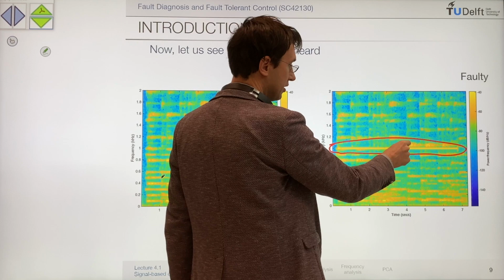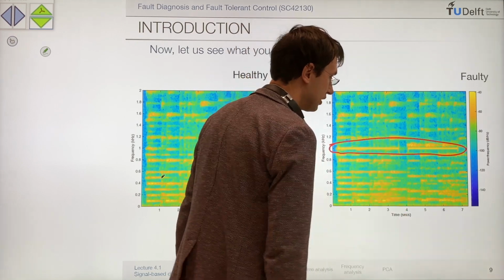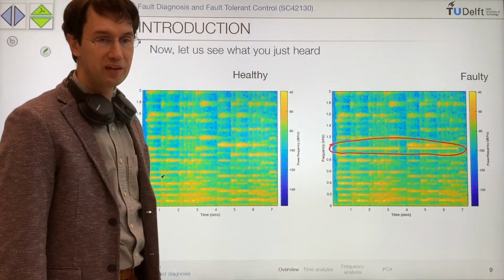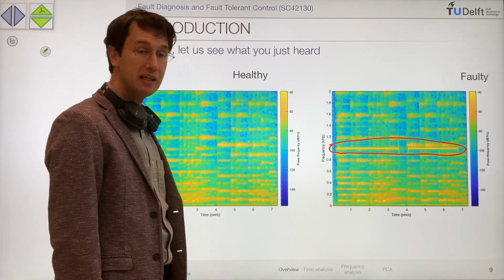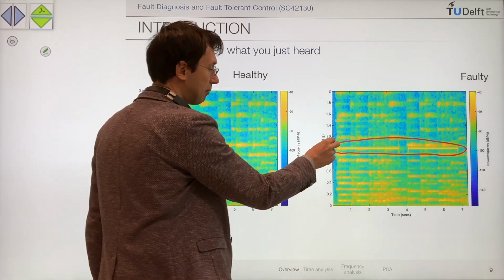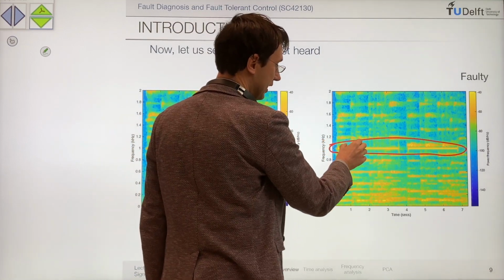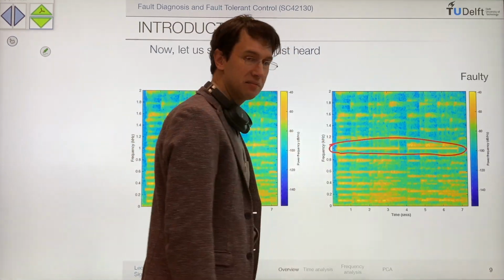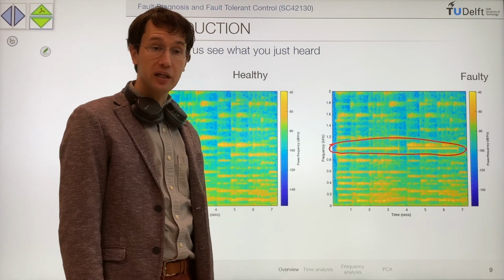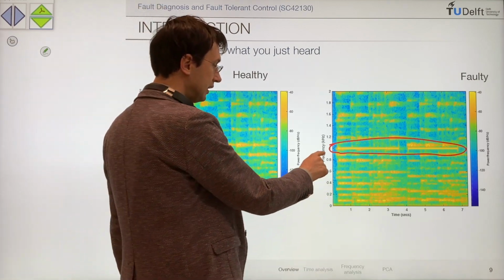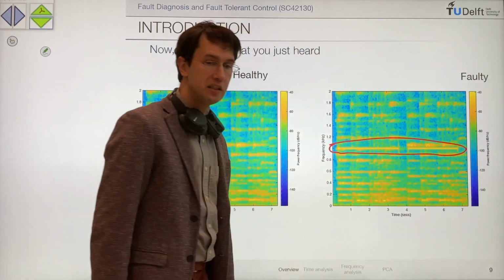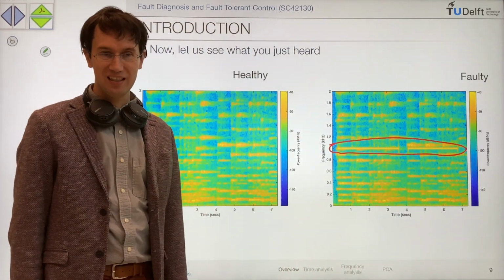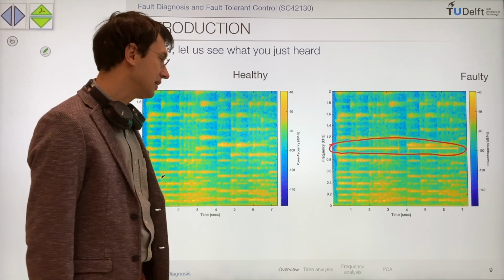So we didn't apply it during the pause, because otherwise it would have been easy to spot even in the time plot. But in the time plot, when we are applying this spurious signal in the middle of music, you don't see anything. But in the Fourier transform domain, it is trivial to see that something is wrong here, and it would also be trivial some way to detect it.